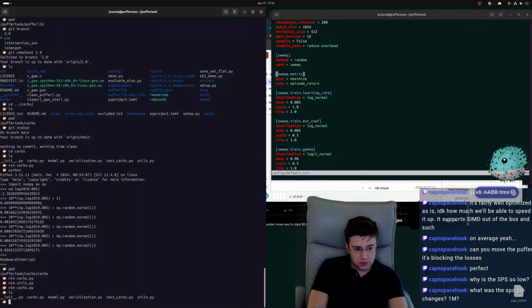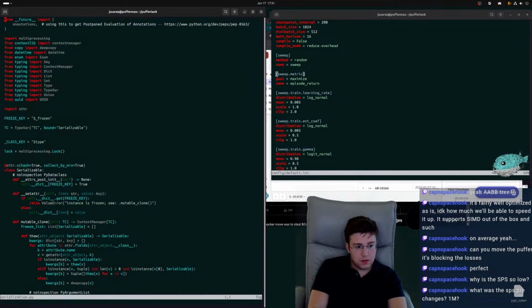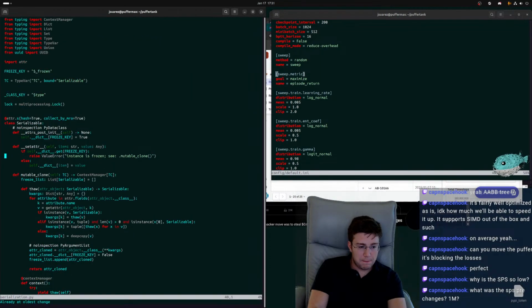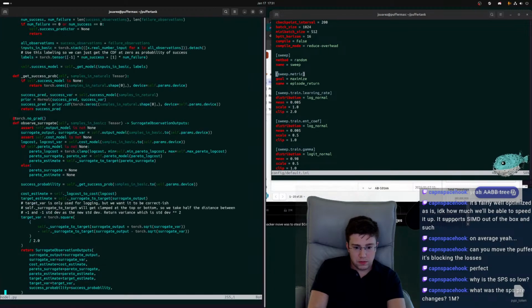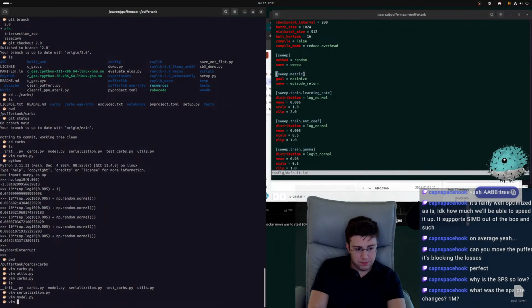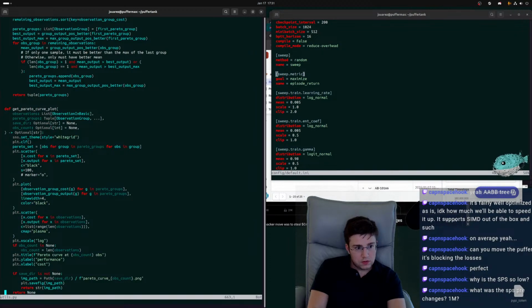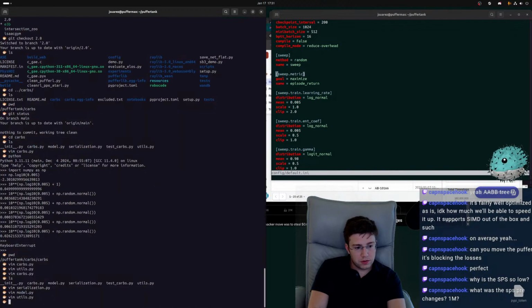How much code is in this repo? We don't really care about this serialization stuff, right? There's this model. It's a giant utils. Maybe 2,000 lines total in this repo. I think we could get it to 1,000. The first thing I want to do is figure out how to fix it, though.